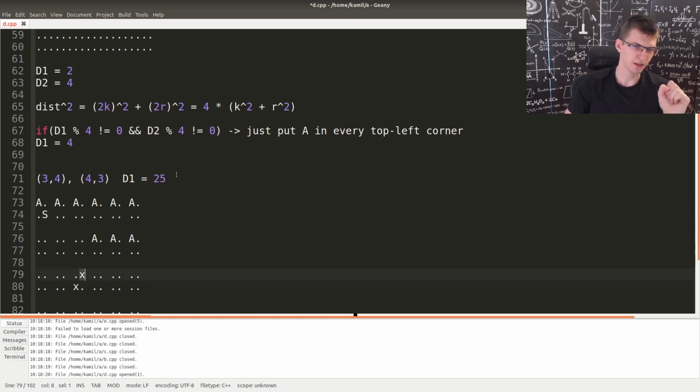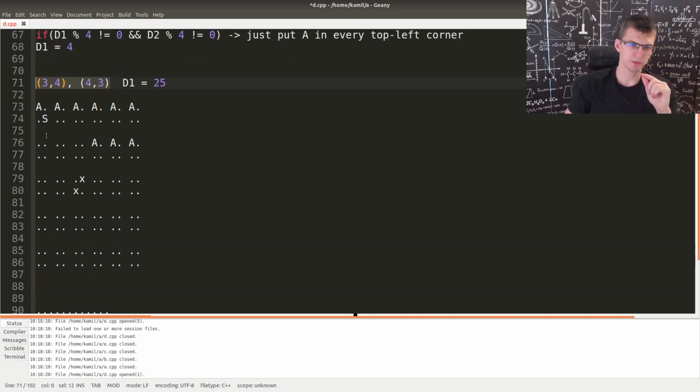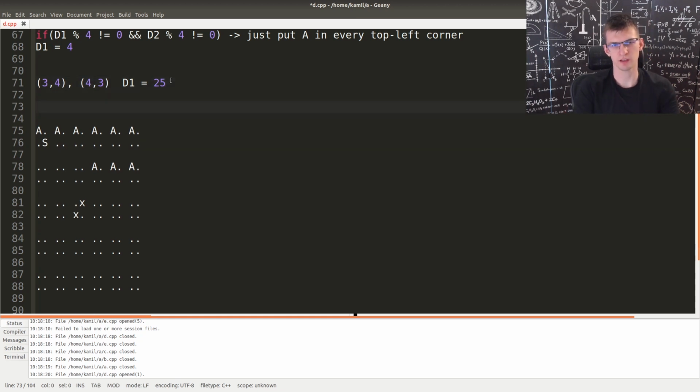But maybe this is only possible on kind of the main diagonal. I don't think that it's possible that, for example, 6, 20 and 7, 19 are the same element of a similar Pythagorean triple.